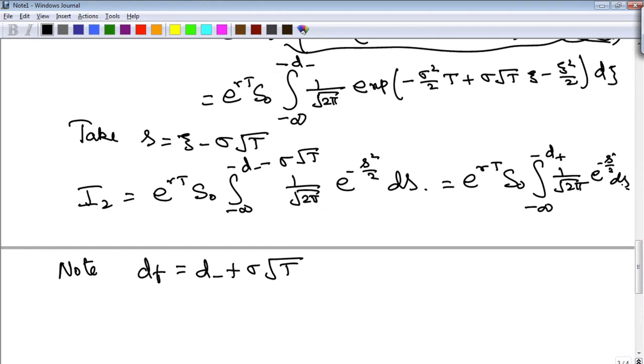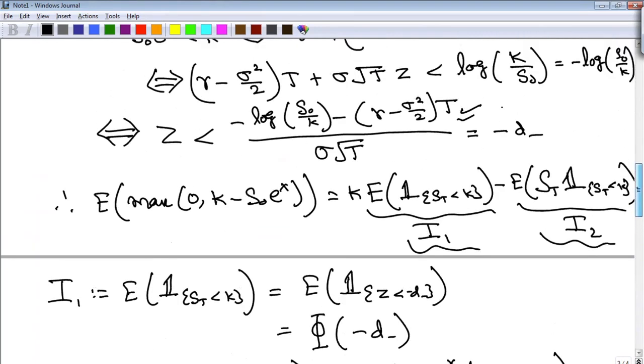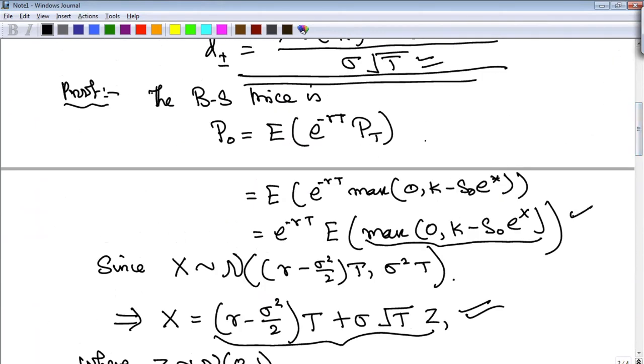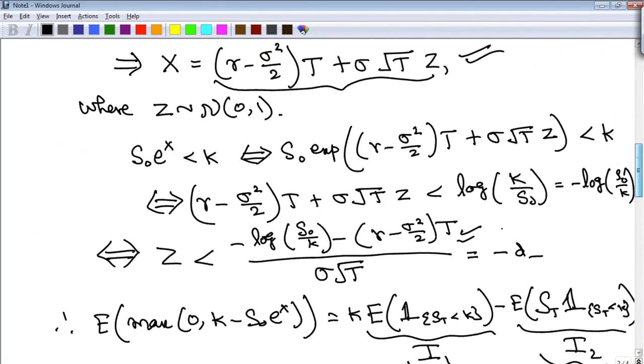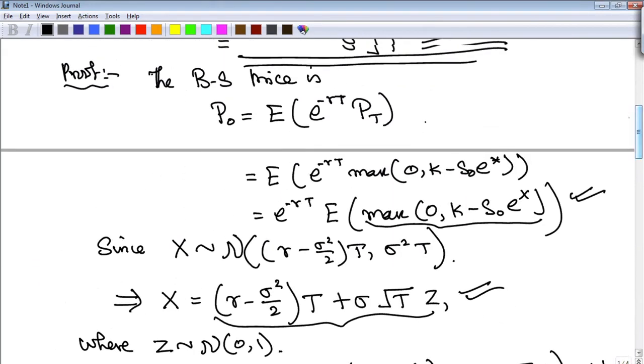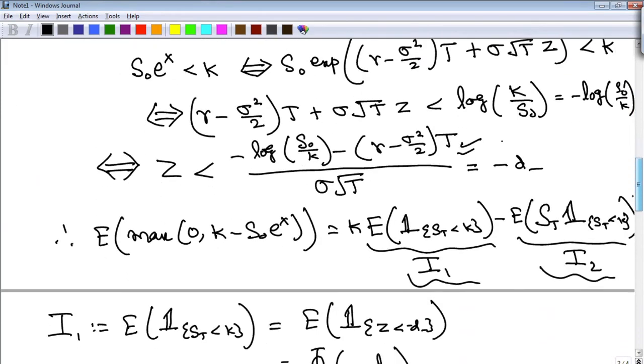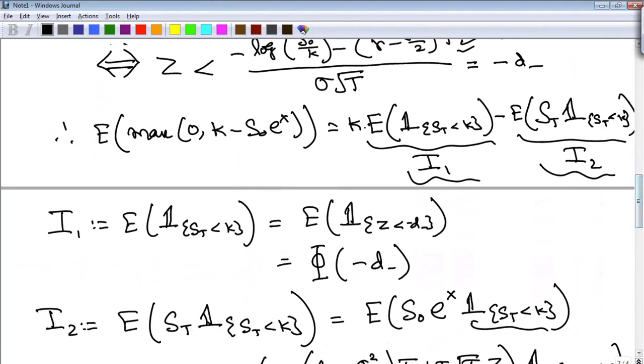So substitute these two terms, I1 and I2, and then you have this. We have P_0 is equal to e^{minus rT} into expectation of this, and the expectation of this is K times I1 minus I2.